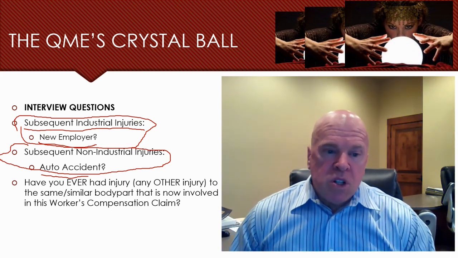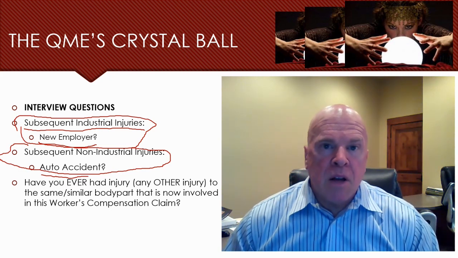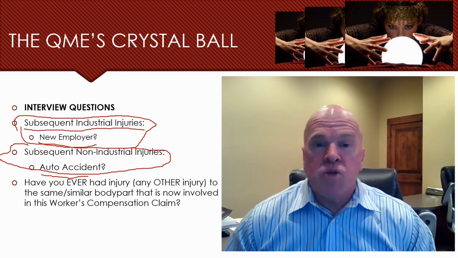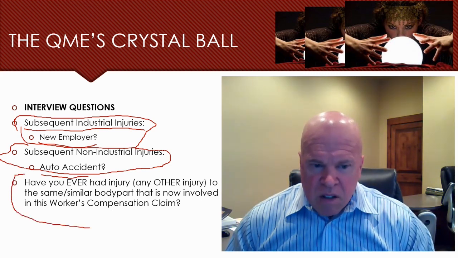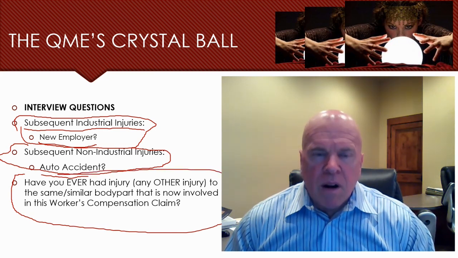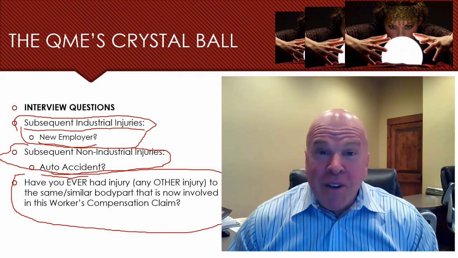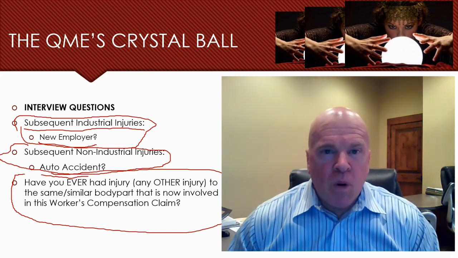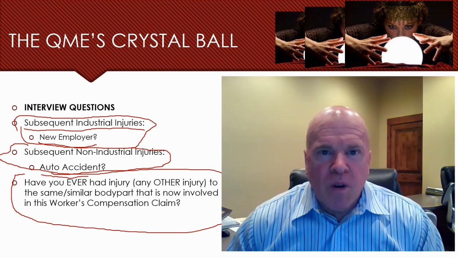And then for those examinees who are vague historians or who seem to have some lapse of memory with regards to prior industrial and non-industrial injuries, you can ask them the catch-all questions such as, have you ever had any other injury to the same or similar body part that's now involved in this current claim for industrial injury?